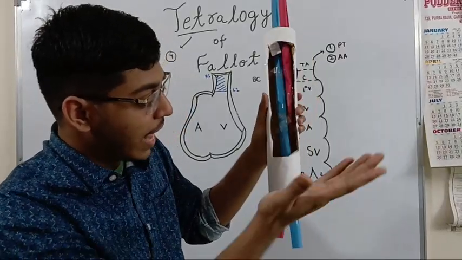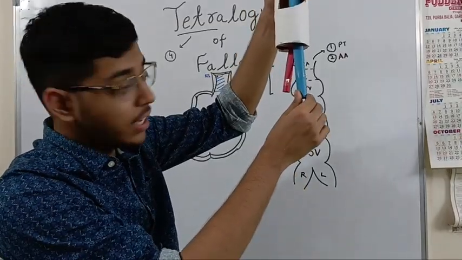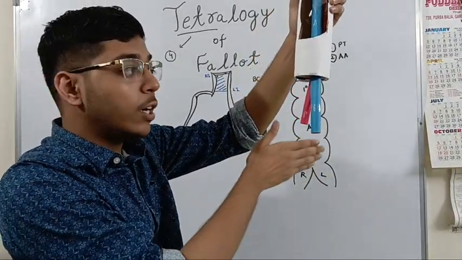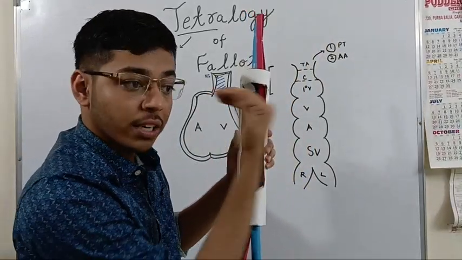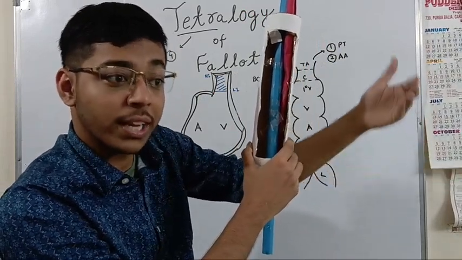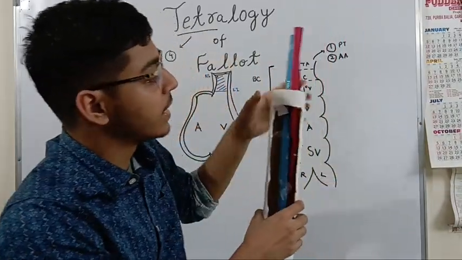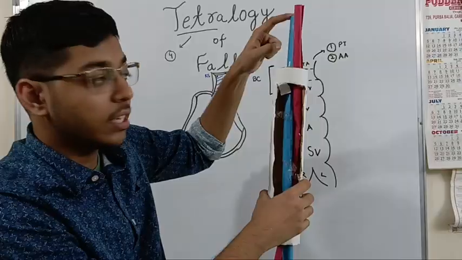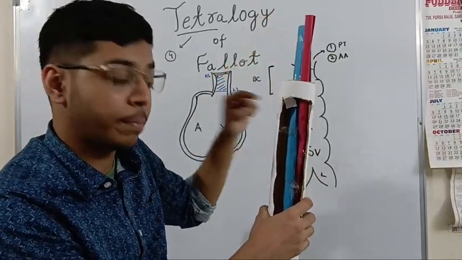At the proximal most part, the pulmonary trunk lies anteriorly, towards the front, and the ascending aorta lies posteriorly, towards the back. At the middle part, the pulmonary trunk is towards the left, and the ascending aorta is towards the right. At the distal most part, the pulmonary trunk becomes posterior and the ascending aorta becomes anterior due to the spiralization of the septum.